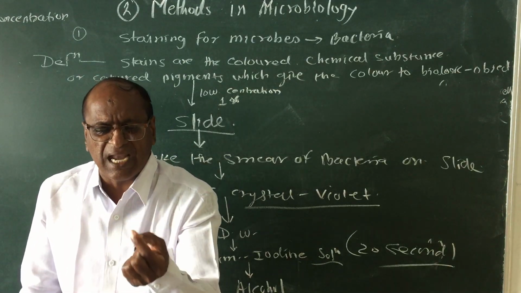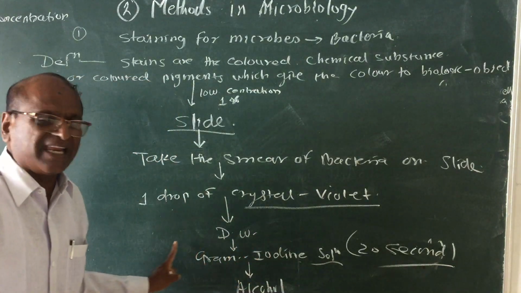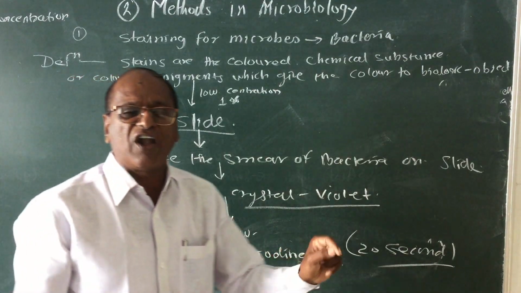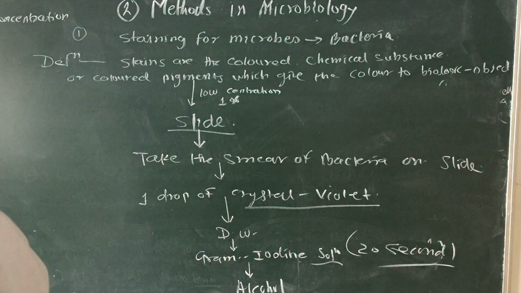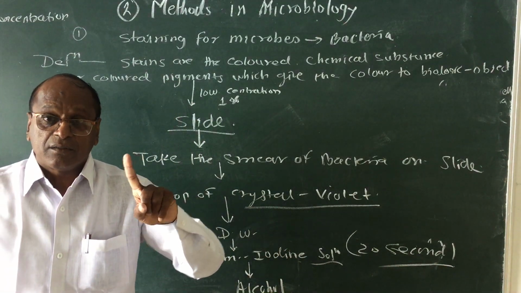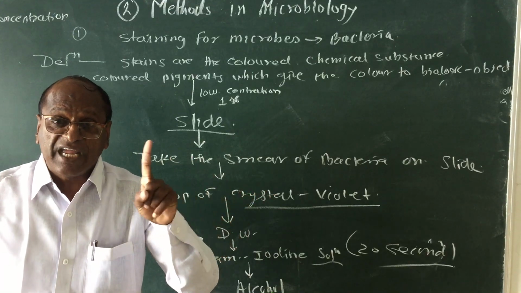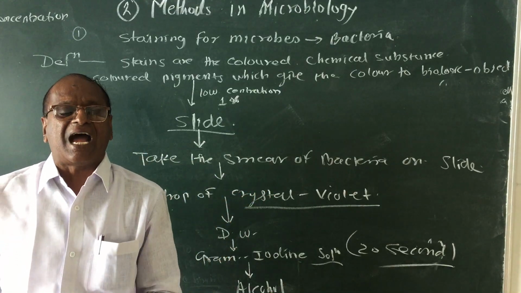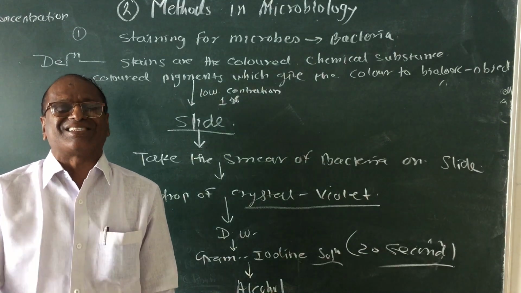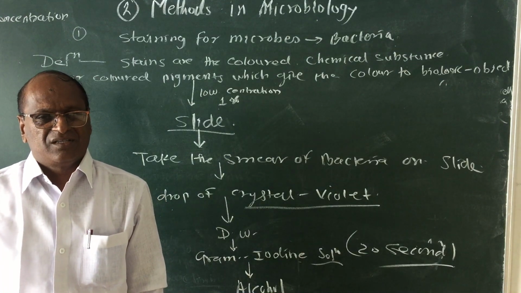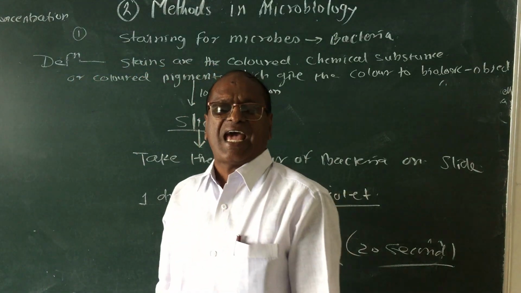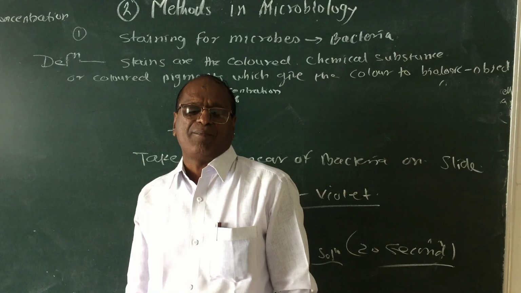The same violet or purple colored bacteria may be observed. These bacteria are called the positive stain bacteria, and the negative stained bacteria may be observed as a pink colored structure. Such bacteria are called the negative stain bacteria.